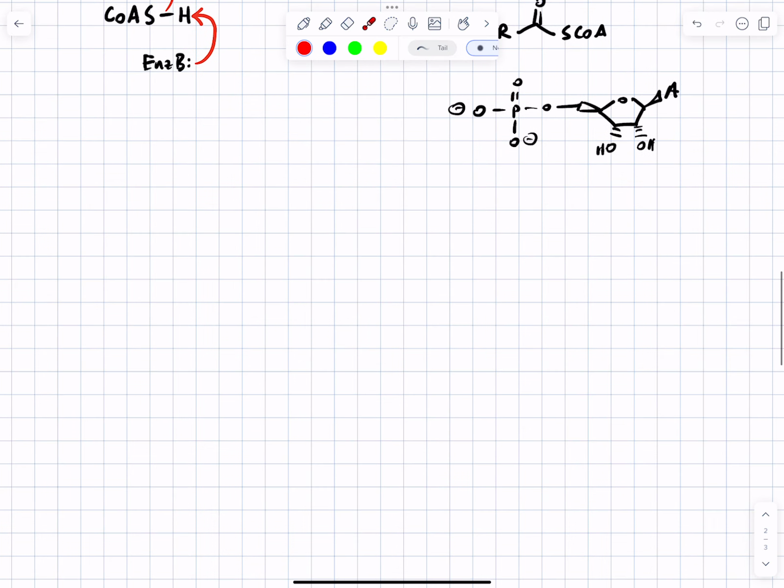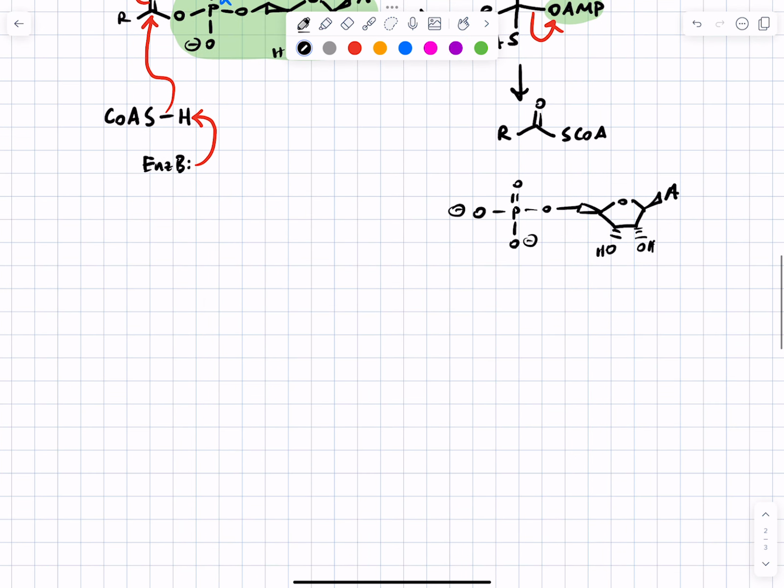The other way to understand this is to realize that ATP is generally generated from ADP and not from AMP, right? There's substrate level phosphorylation that happens in glycolysis, and then there's also oxidative phosphorylation that happens in the mitochondria and the electron transport chain.